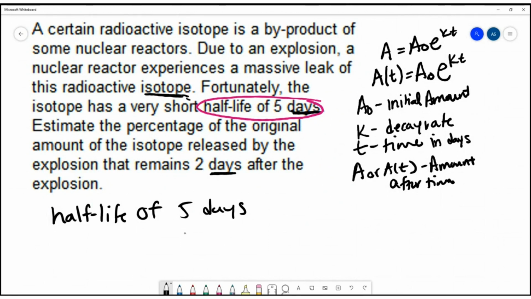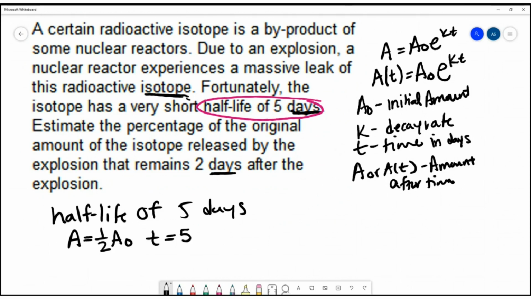When we have a half-life, that's telling you the relationship between the starting and the ending amount. So the amount that you end with will be half of the amount that you start with. And that's going to happen over a period of 5 days.